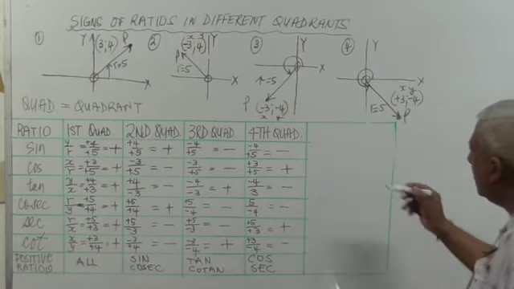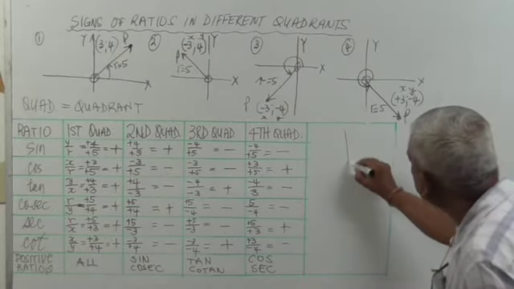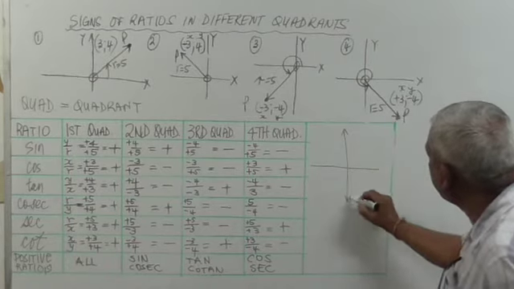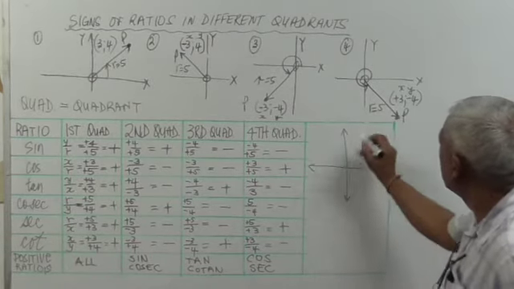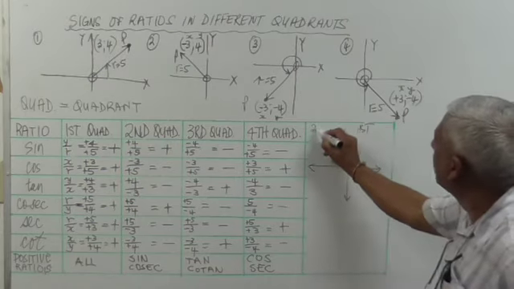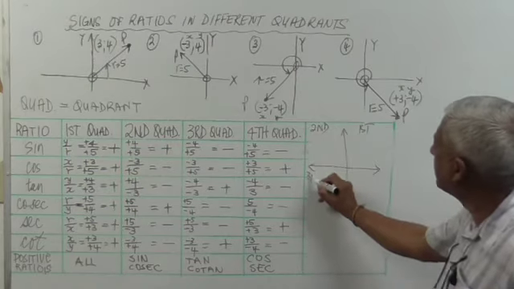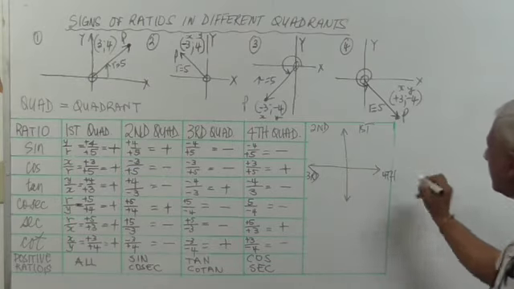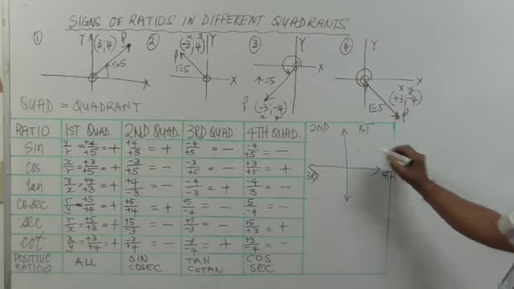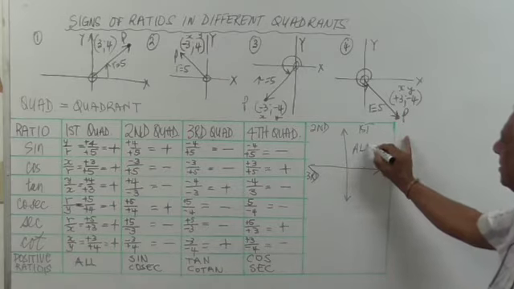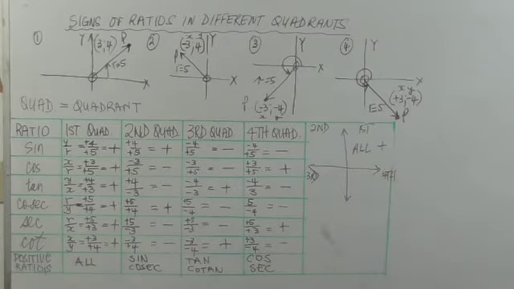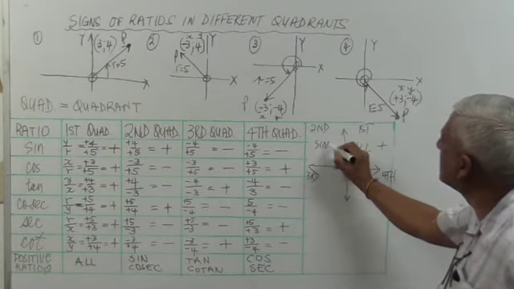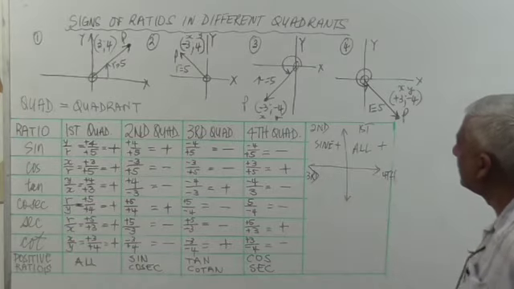So what we do here, that's your first quadrant, that's your second quadrant, that's your third quadrant, and that's your fourth quadrant. Here all are positive, so you write all positive. Here sine, so you write sine positive.